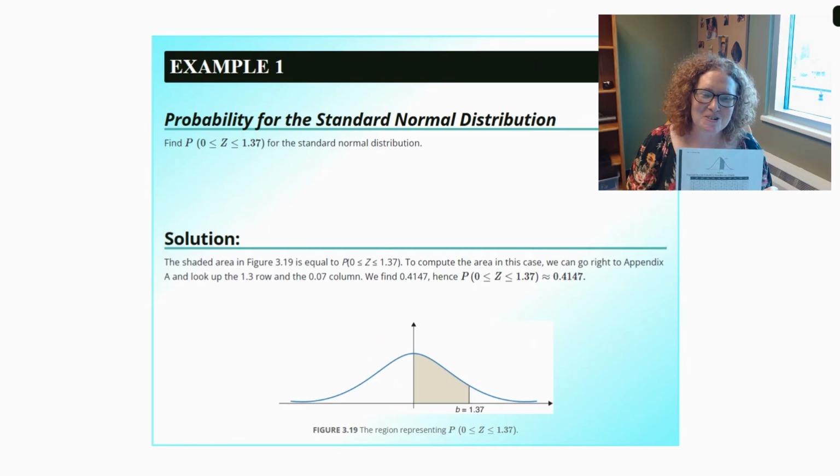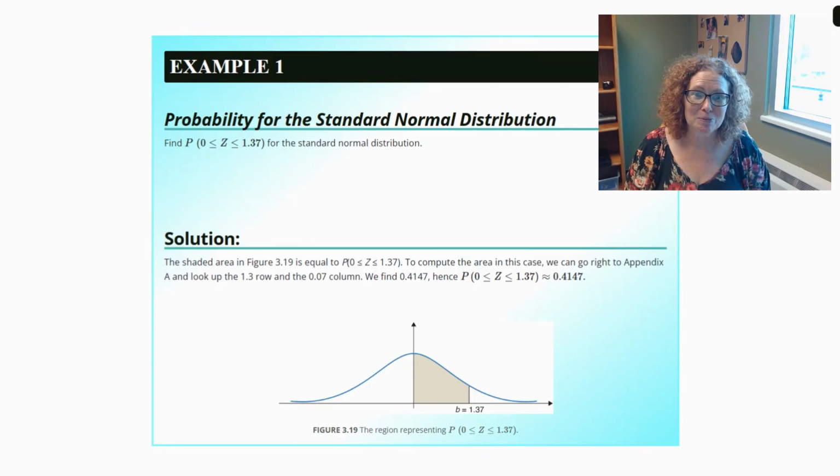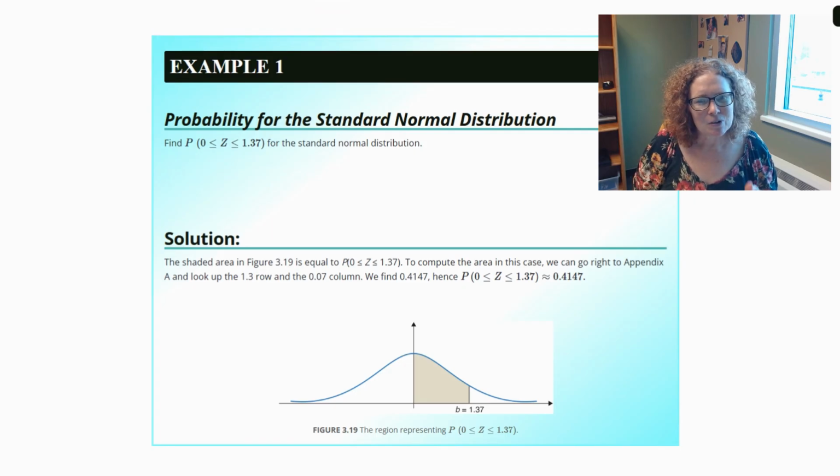Again, what we want to do is find the probability that 0 is less than or equal to z is less than or equal to 1.37 for the standard distribution. We can draw the picture so we can see what we're talking about. We're seeing that little area. To figure this out, we want to see where 1.37 falls on this chart.